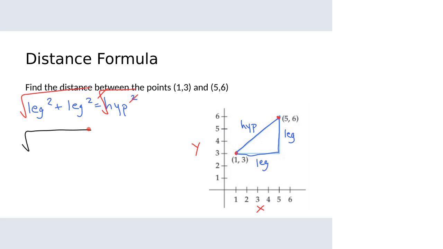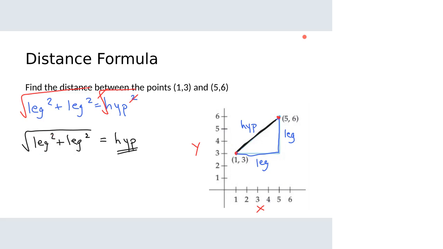Now what I've got is the square root of leg squared plus leg squared, and that's how I would find the hypotenuse, the distance between those 2 points.